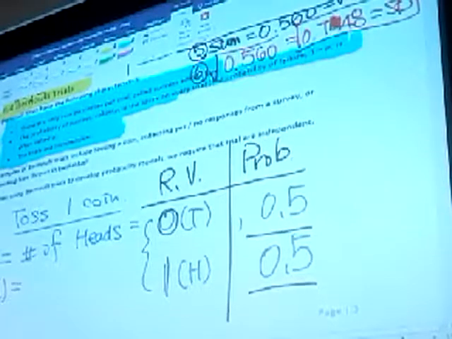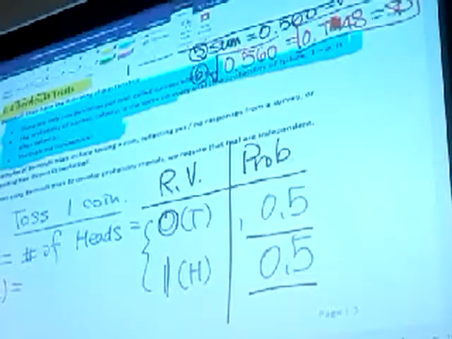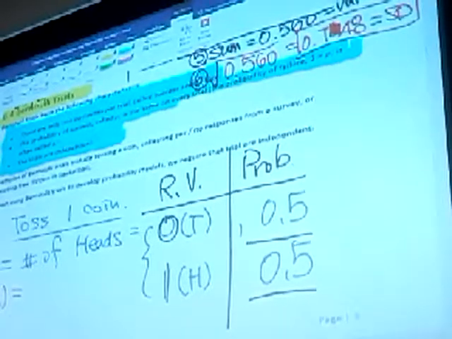How could we get the expectation? Take the value times its probability. Take another one times the probability again. Right?